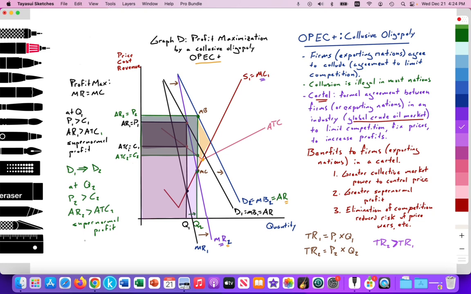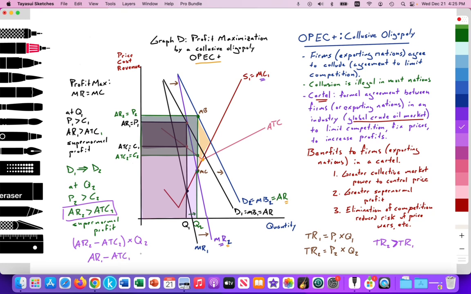And they're also going to generate greater supernormal profit due to the fact that average revenue, this area here of AR2 minus ATC2, that's our height, multiplied by the quantity of Q2, this entire value is going to be greater than the previous supernormal profit of AR1 minus ATC1, right?